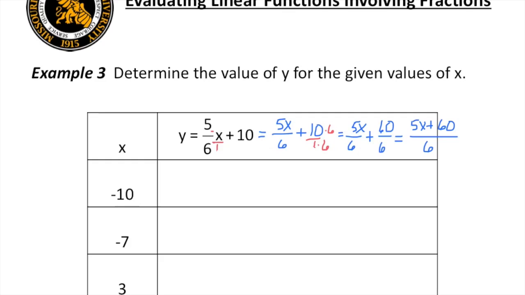Now let's compute y for different values of x.